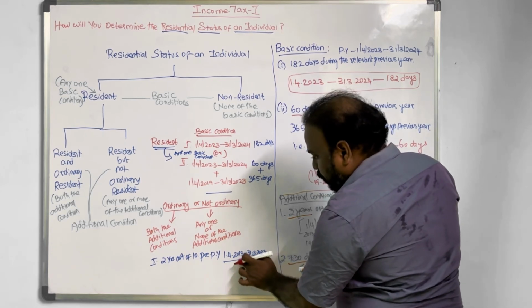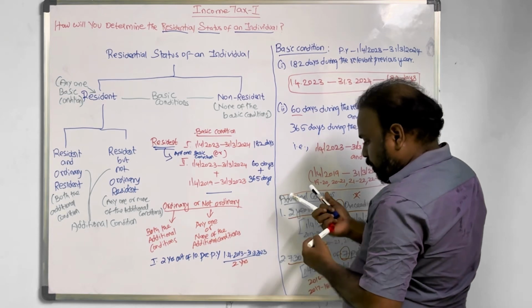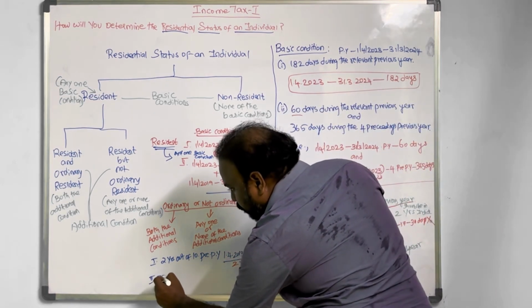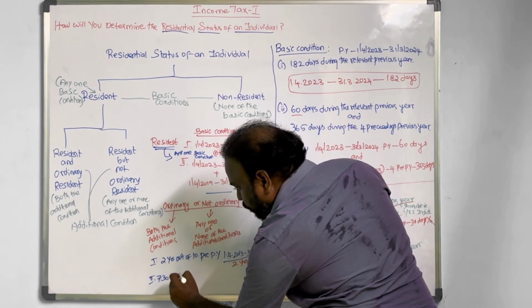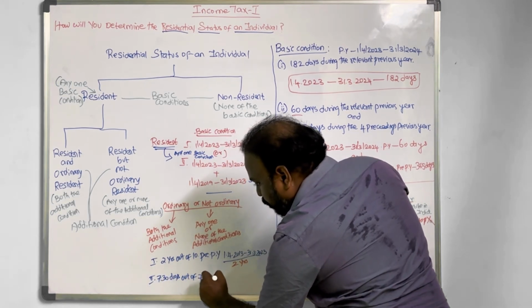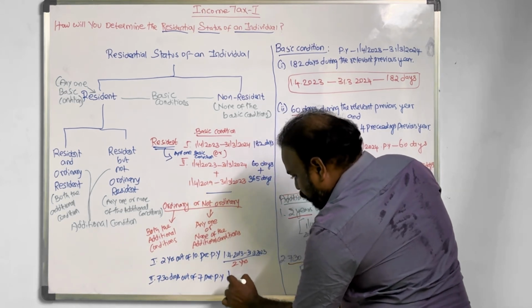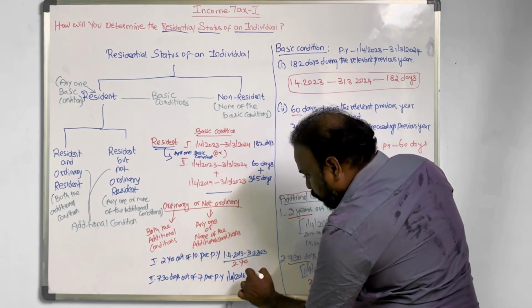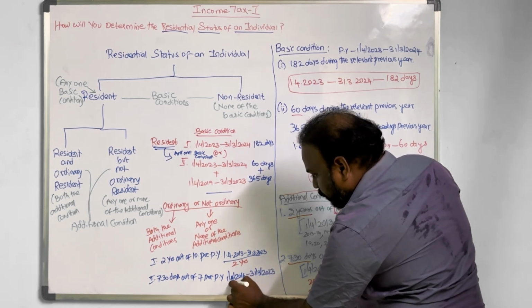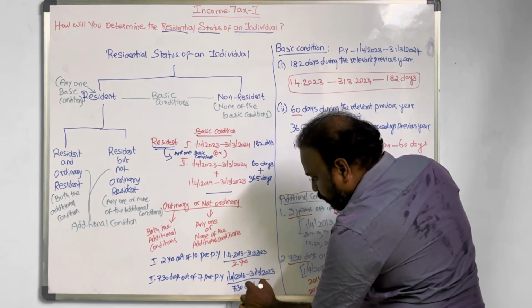Then the second one is 730 days out of 7 preceding previous years, that is 1/4/2016 to 31/3/2023. It should be 730 days.